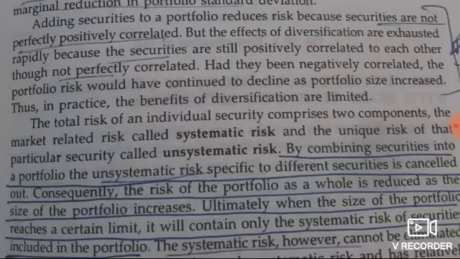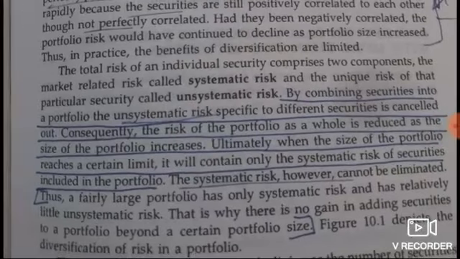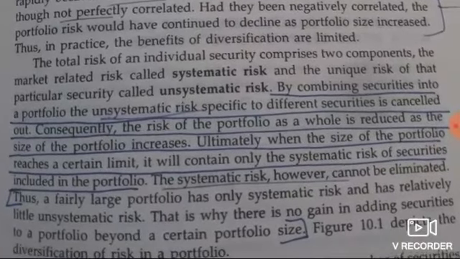Then the second reason is that the risk of a security comprises one, systematic risk, and two, unsystematic risk. It is the unsystematic risk that we are eliminating using the process of diversification. The systematic element cannot be reduced or eliminated even if we diversify. So the systematic risk will always be prevalent in all portfolios.